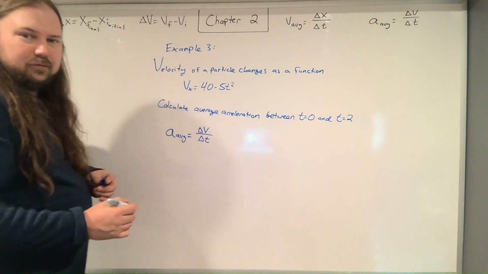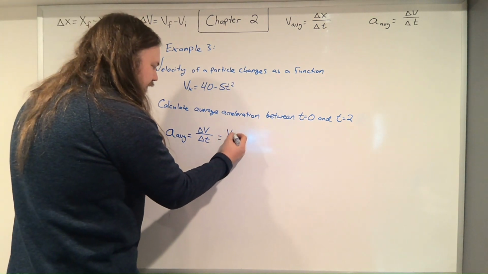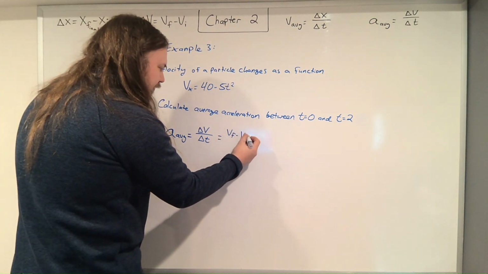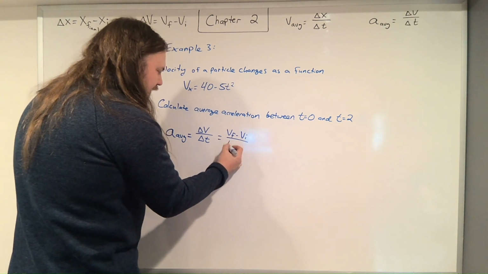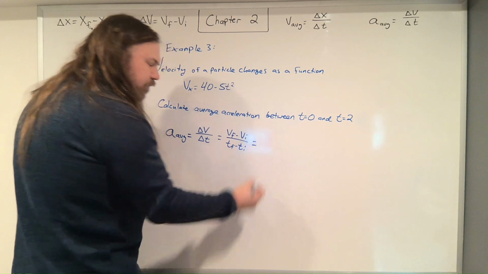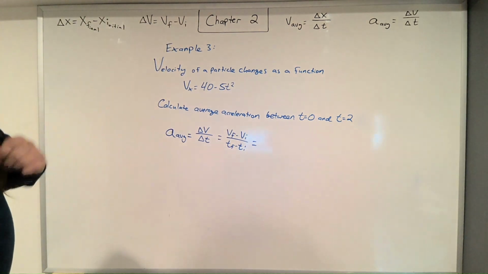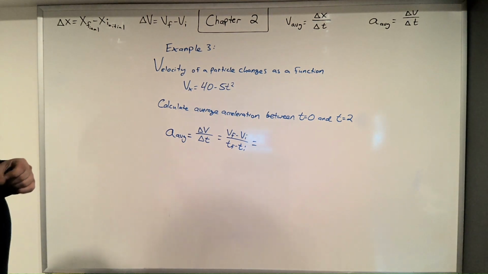Change in v over change in t, which means we need the final velocity minus the initial velocity, and the final time minus the initial time.